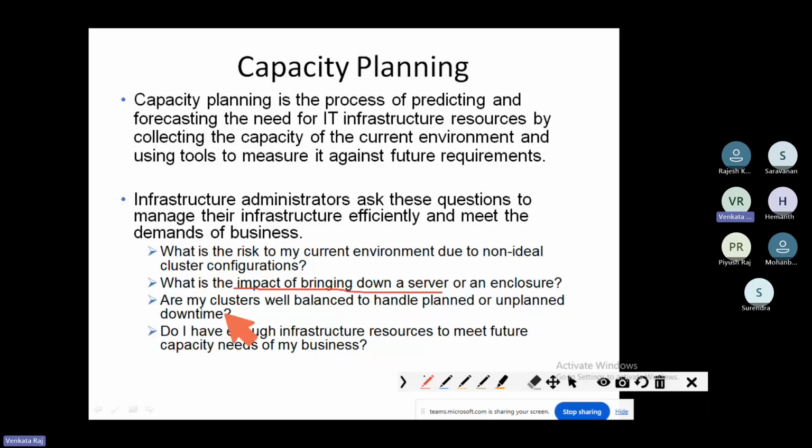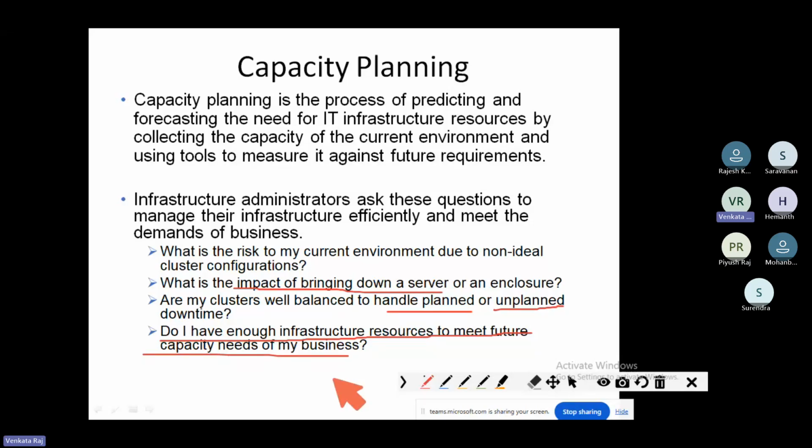Whether my clusters are balanced properly, whether I have my load balancers properly configured so that I can handle the planned downtime or unplanned downtime. Also, do I have enough infrastructure resources to meet my future capacity needs?